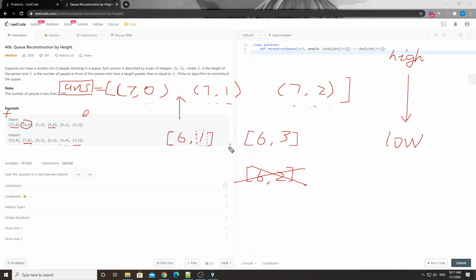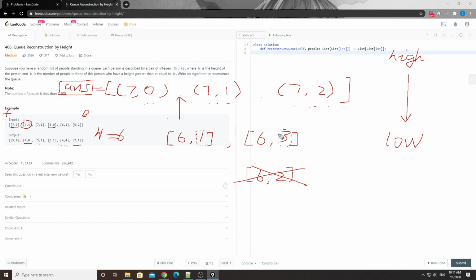So let's assume we have two elements of height 6 here, right? Once we insert this one to the array, and then we process the second one, we know this index will also be the index that we will be inserting to, because there are 3 elements in this array.